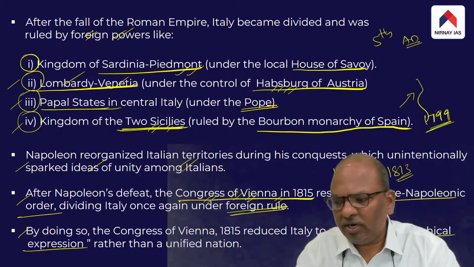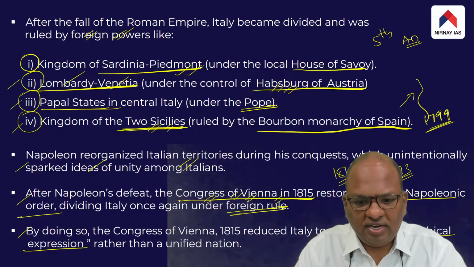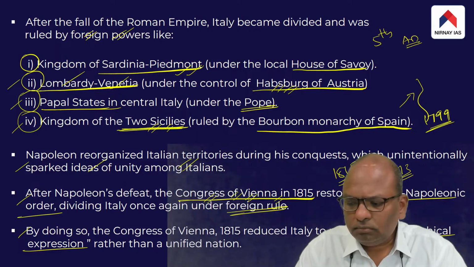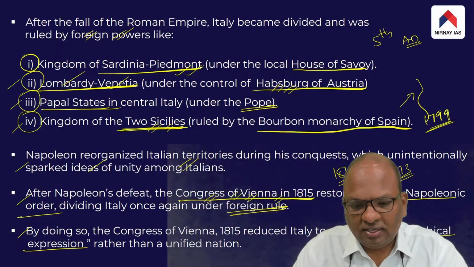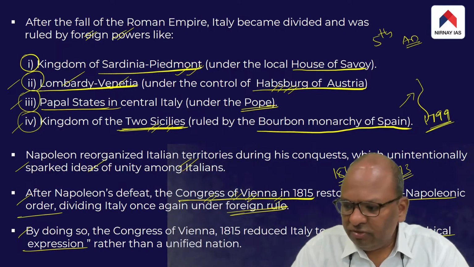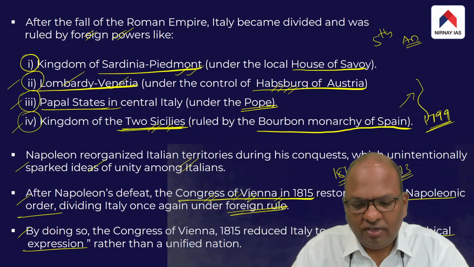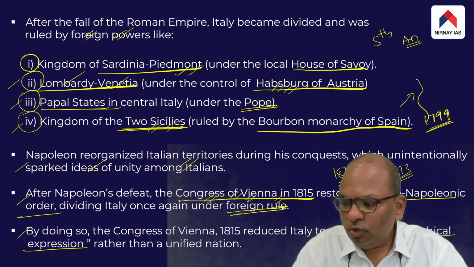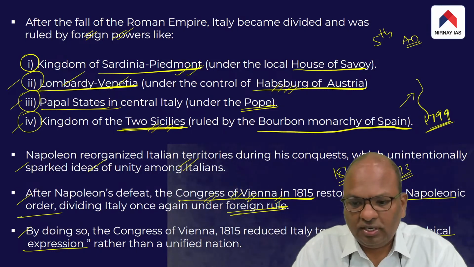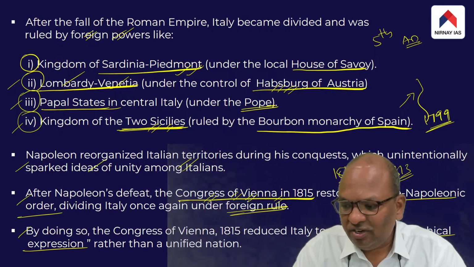The whole point which I'm trying to convey is, the Congress of Vienna was reactionary. Instead of addressing the concerns of the people, its actions were quite reactionary. The Congress of Vienna took a decision to re-establish the pre-Napoleonic conditions existing in Europe.